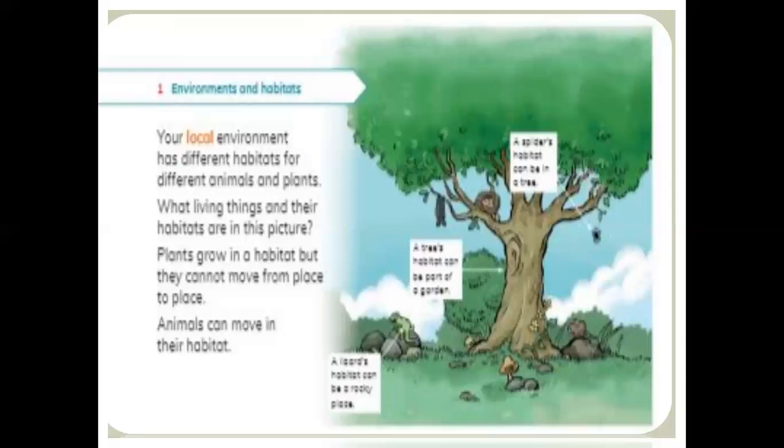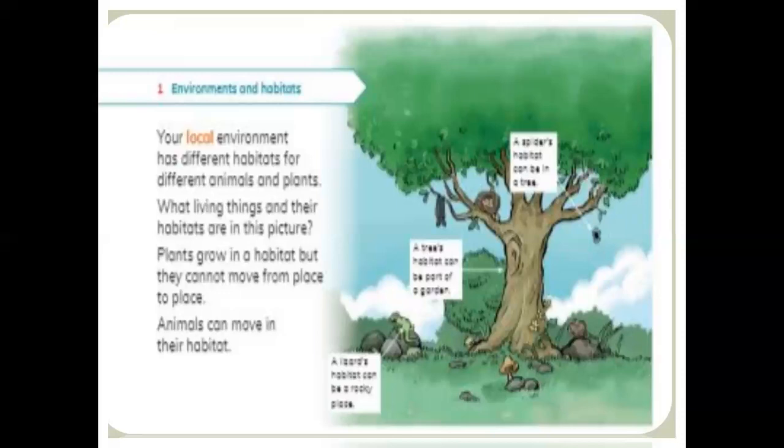A tree can be part of the garden. A lizard can live in this tree. Spiders can live in the tree. You can see this picture clearly. There are different animals living in the tree. Trees are home for many different animals, like monkeys, which go up the trees.